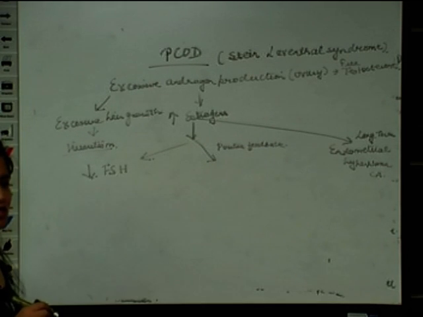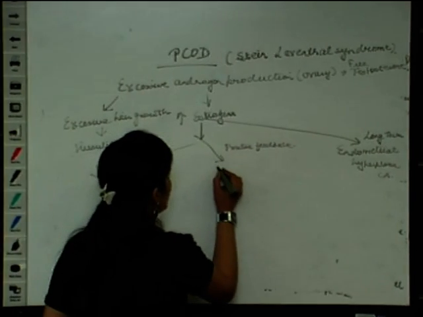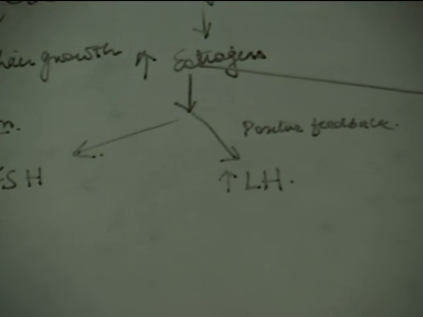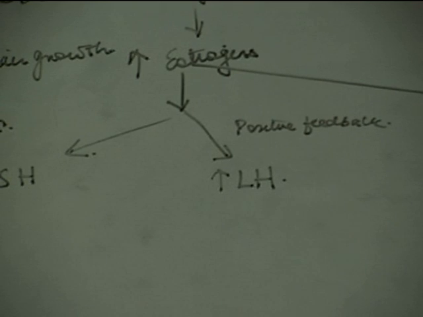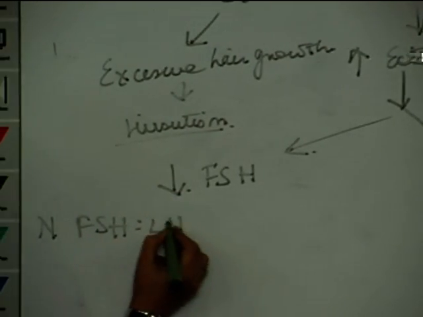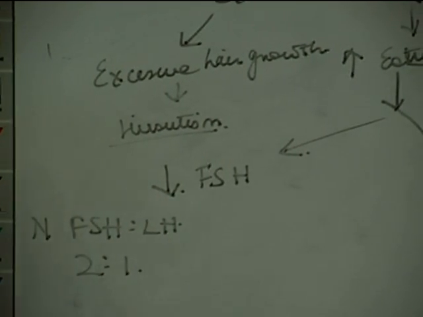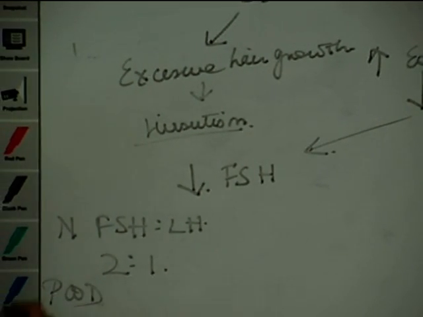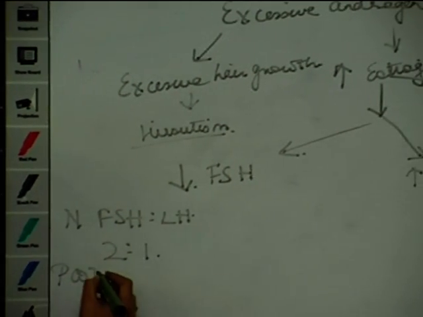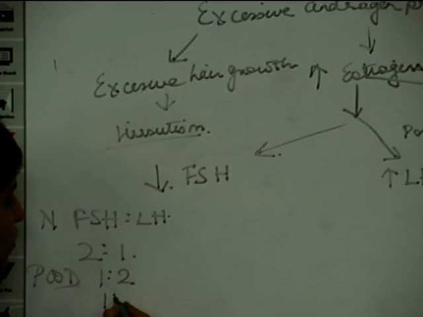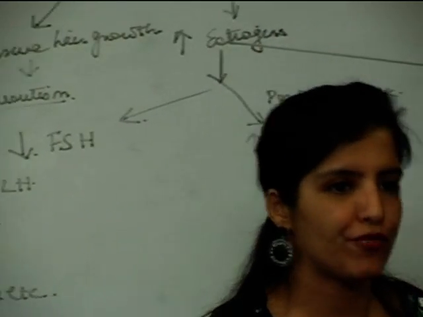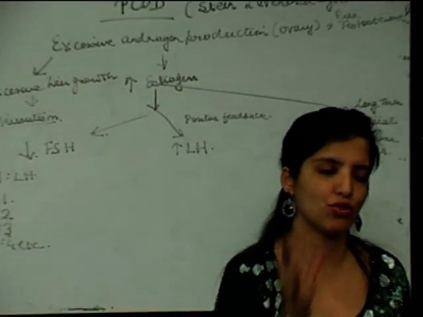So the levels of luteinizing hormone are increased in patients of PCOD. Now, the normal FSH to LH ratio is 2:1. But in a case of PCOD, FSH levels are decreased and LH levels are increased. So this ratio becomes 1:2, 1:3, 1:4, etc. So if you are testing the levels of LH and FSH, you can make the diagnosis of PCOD.